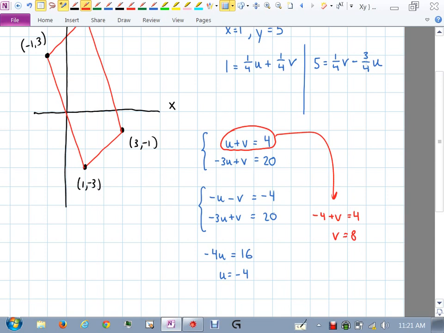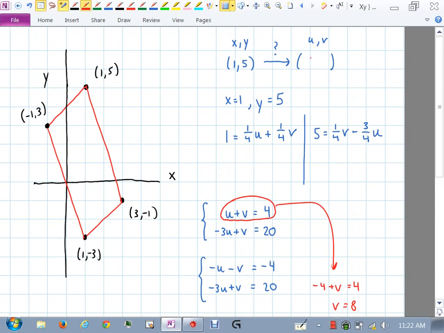So the point (1, 5) in the xy plane should get mapped over to the point (-4, 8) in the UV plane. I'm going to go back up here and fill this in, (-4, 8). That makes sense? And now I'm going to do that for all the other points.